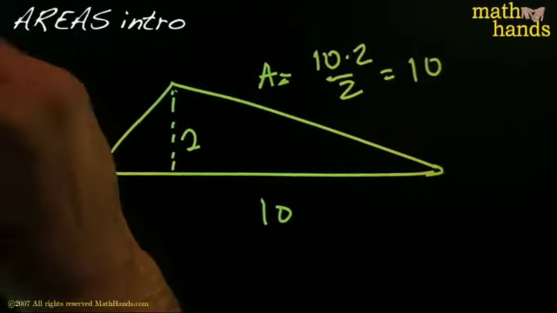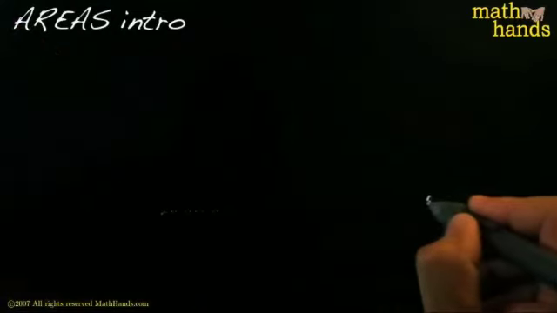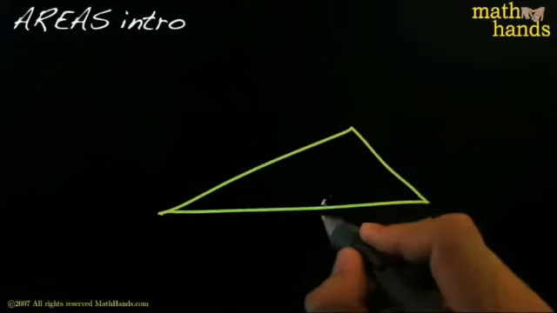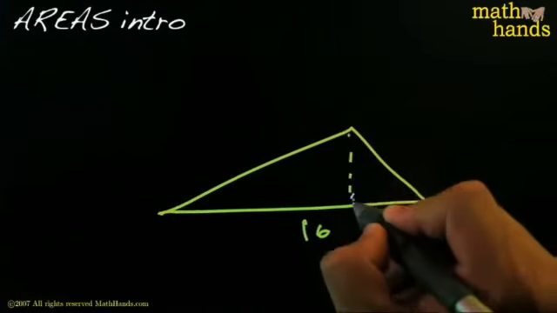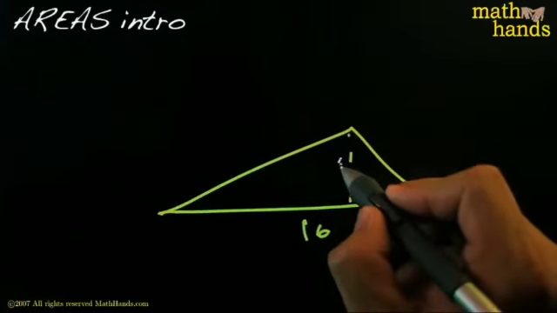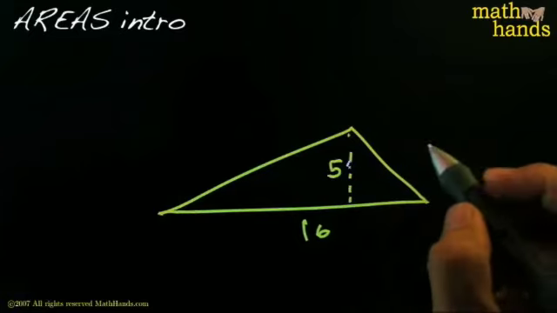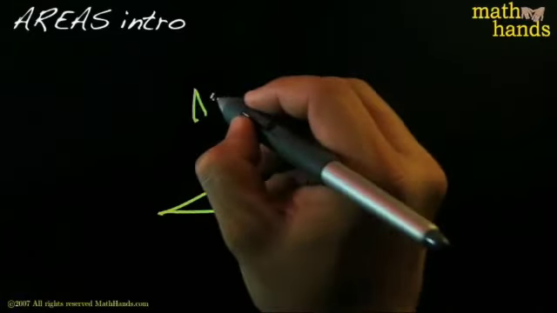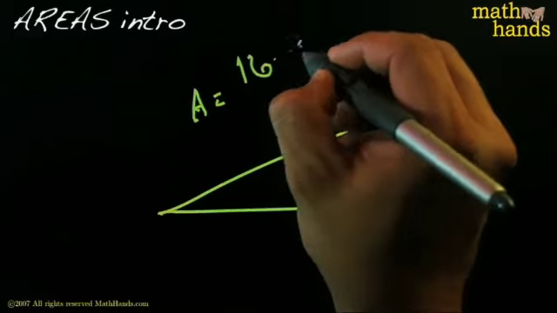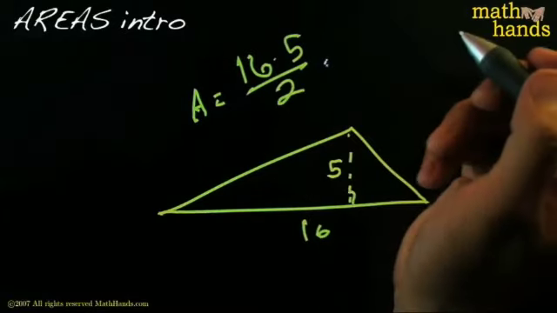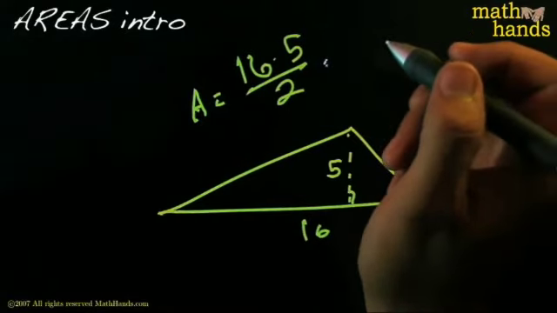Again, if you had a triangle where the base was 6 and the height was, I don't know, 5, the area would be base times height divided by 2. Just like that. Easy, huh?